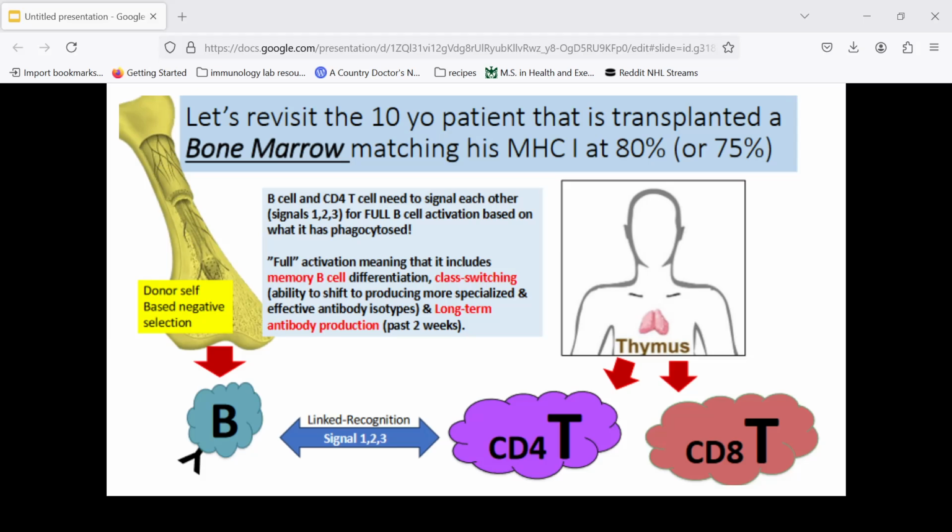We got a liver from a donor. Where's our immune system from if we've got a donated liver? It's from our recipient. Where are the adaptive cells trained? Recipient. Brilliant. So we've got B cells and T cells that are from our recipient.